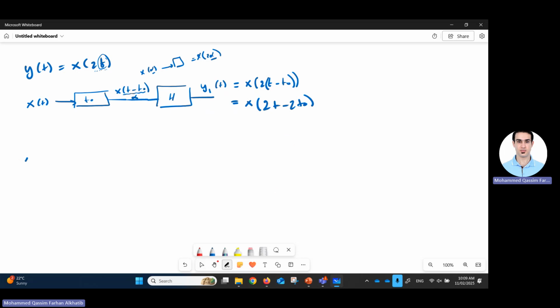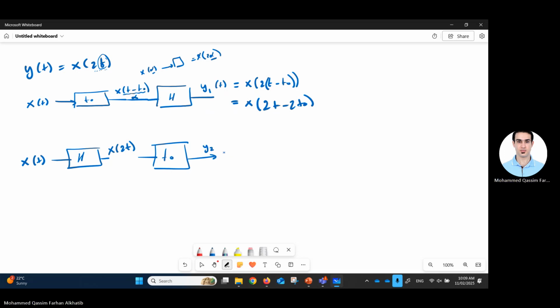Now the other part: I have x of t, I apply it to the system h, and what you have here is x of 2t. Then apply the delay t naught.